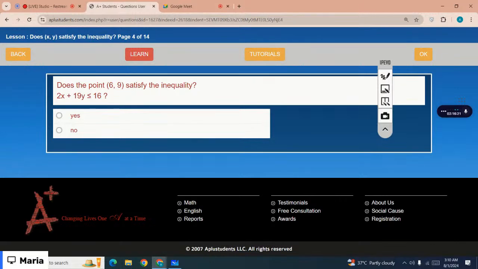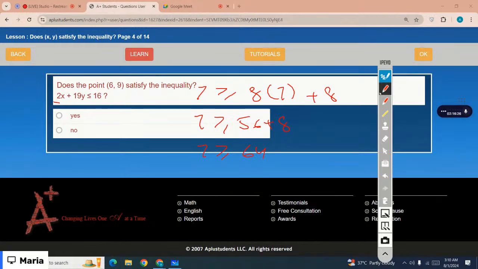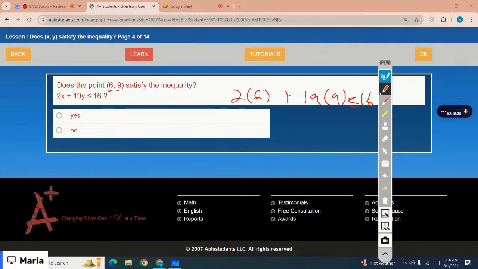Okay, does the point (6, 9) satisfy the inequality? Let's see. x is 6, y is 9, right? 2 times 6 plus 19 times 9 is less than or equal to 16. That is 12 plus 171, so that is 183. 183 is less than or equal to 16?